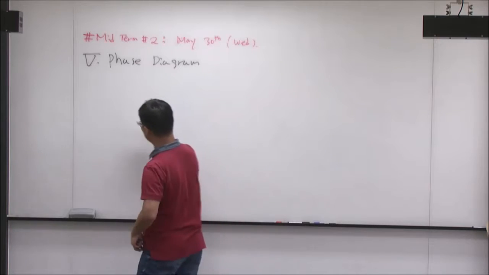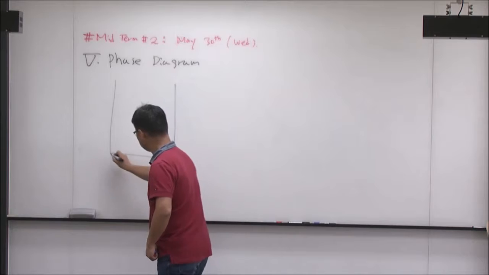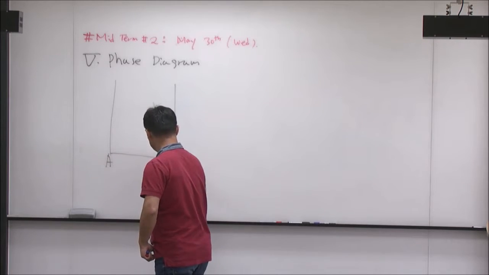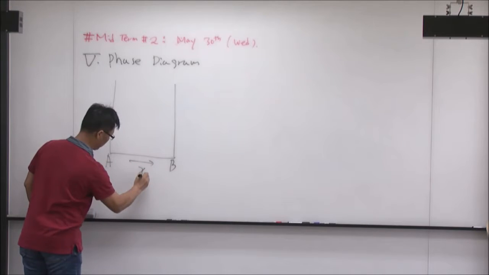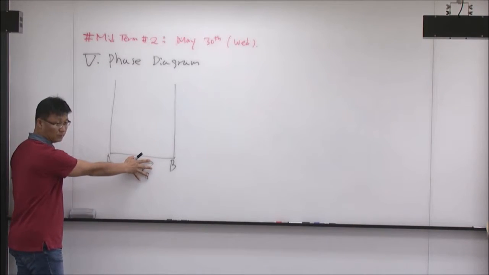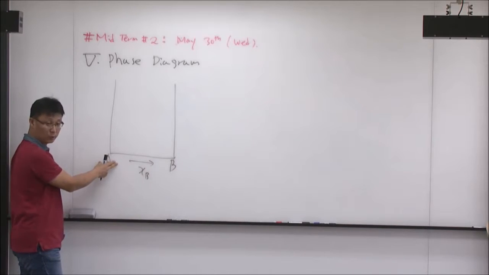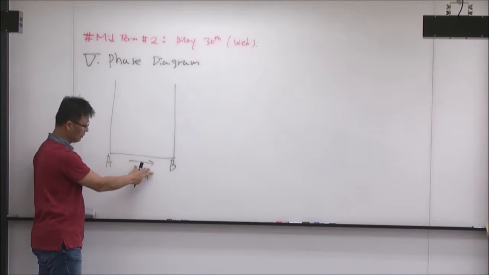Let's go back to one of the simplest phase diagrams. When you have an A-B binary system, typically this is the mole fraction of B. Even if I don't give this information at the bottom, at least you know that this is the A corner and this is the B corner.